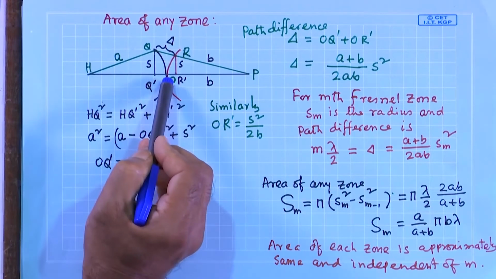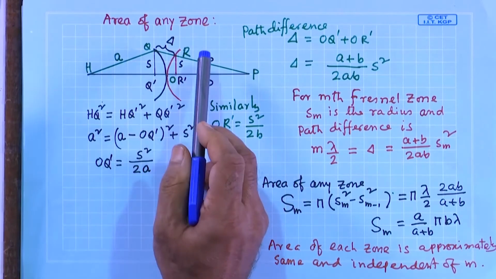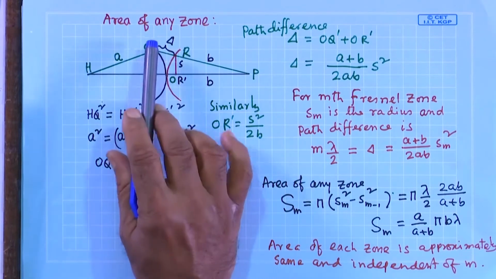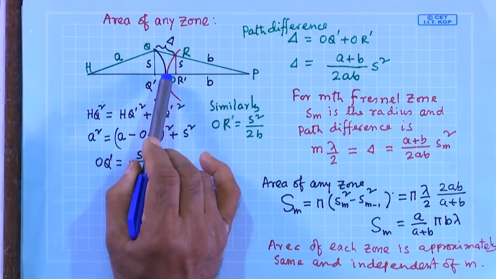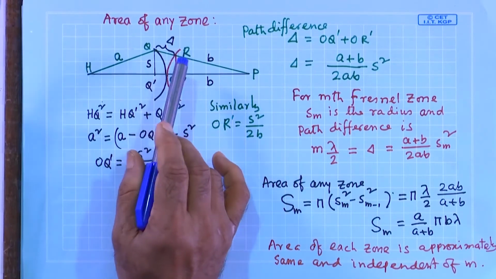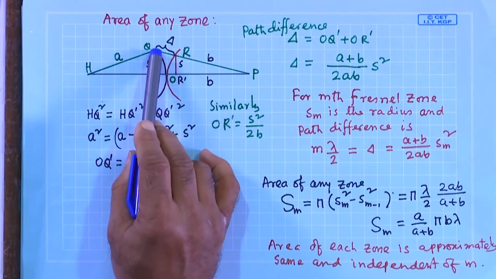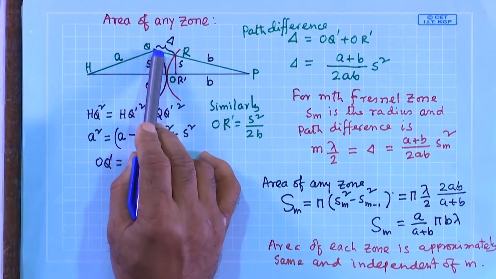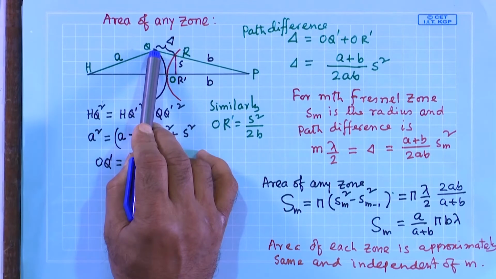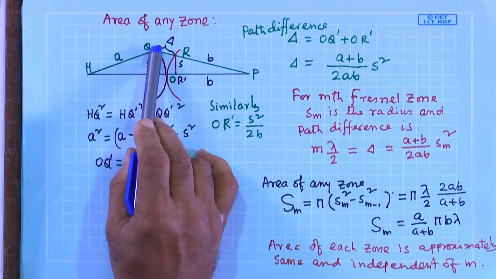It is along the arc, basically the distance from the center. If it is not a plane wave it is difficult to say, but more or less you can say that it is the radius of this circle. In general, this point Q is for the first circle, or first half period zone, or second, or whatever, in general.